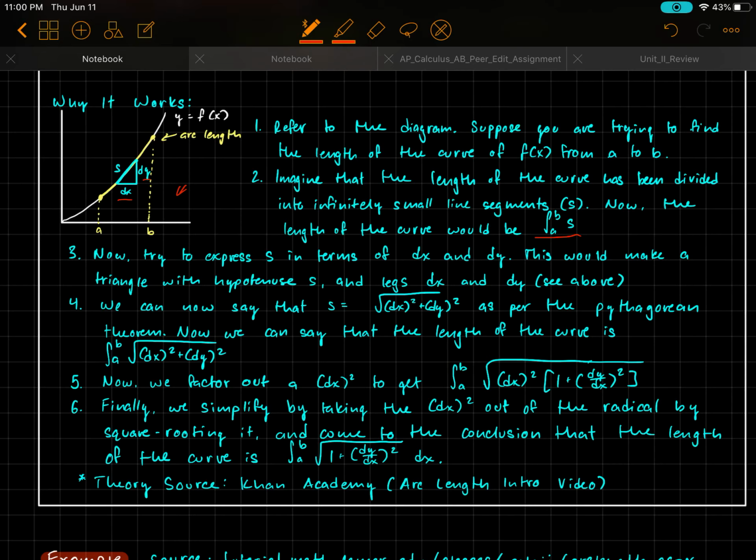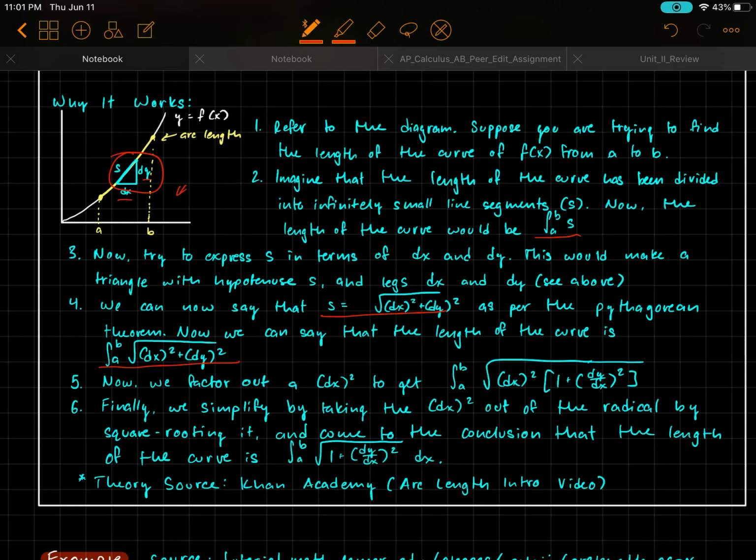And now that we have this right triangle with dy and dx, we can say that s is going to be equal to, using the Pythagorean theorem, the square root of dx squared plus dy squared. And therefore, we can say that the length of the curve is going to be the integral from a to b of s, or as we now know it, the square root of dx squared plus dy squared.